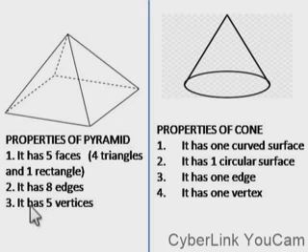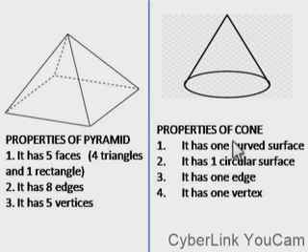Then we also have this one as one of the properties. It has 5 vertices. That means it has 5 sharp points on it. You can see the sharp points here. So how many are there? There are 5. We'll start from here: 1, 2, 3, 4, 5. So they have 5 vertices.